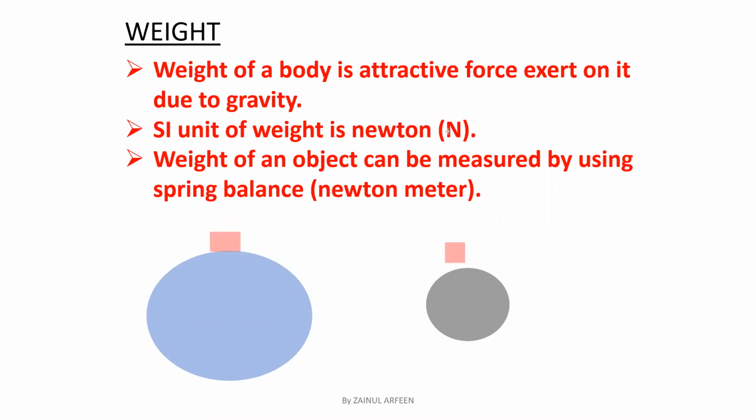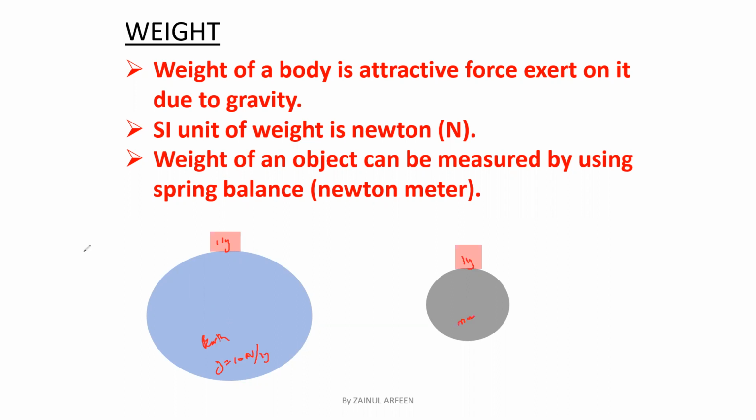So for example, we have a 1 kilogram object on Earth and we have a 1 kilogram object on Moon. The gravity of the Earth is 10 Newton per kilogram.